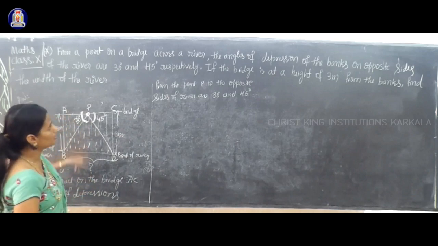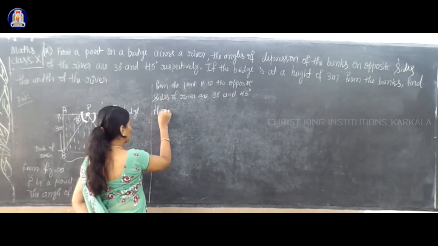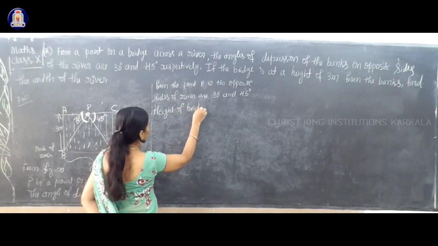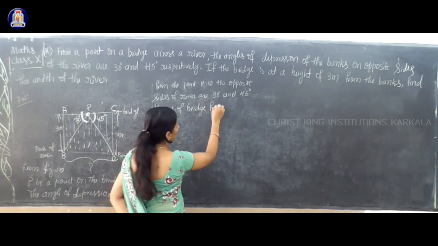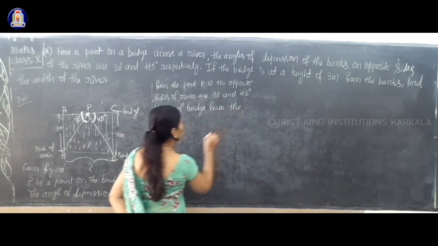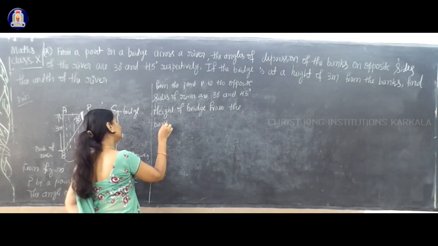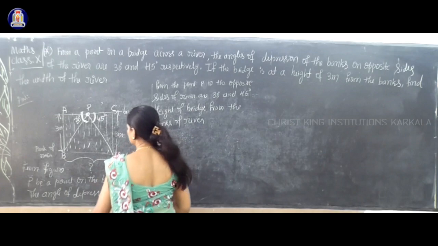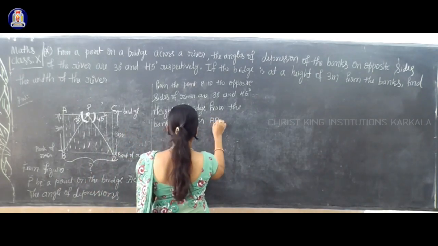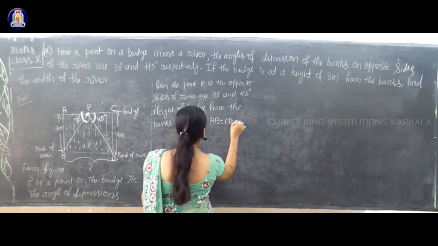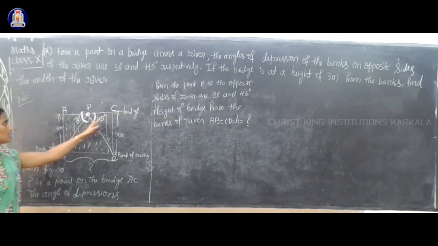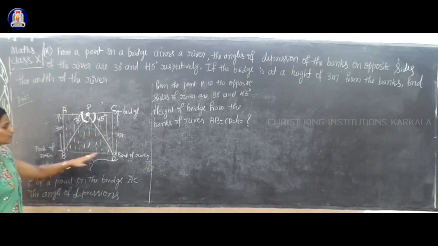Next, the height of the bridge from the banks of the river is AB, which is equal to CD, which is equal to h. This is the height of the bridge from the banks of the river, that is 3 meters.